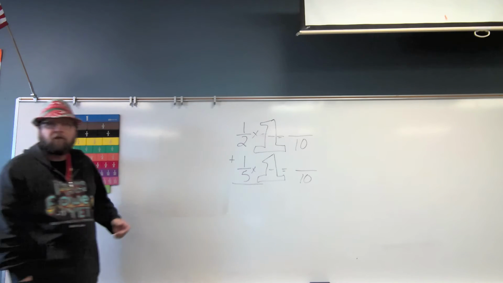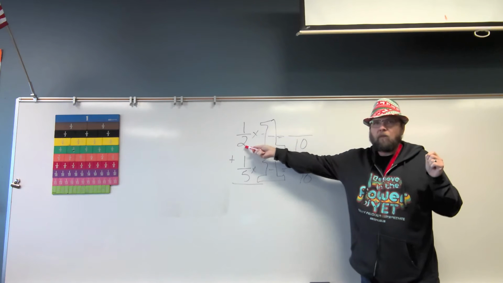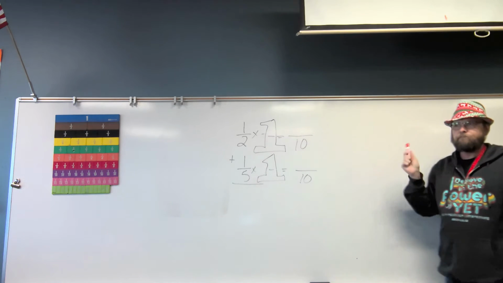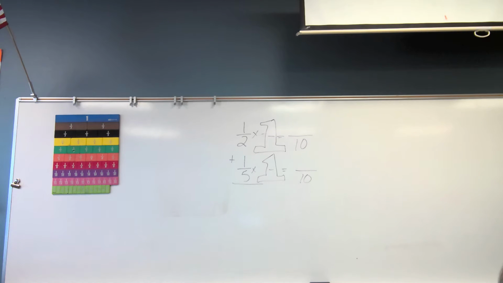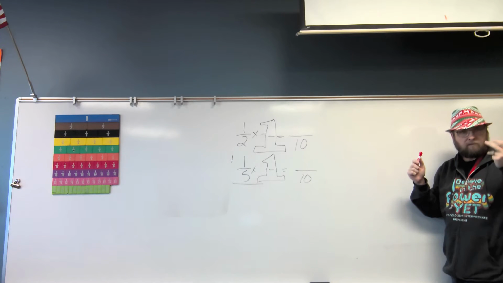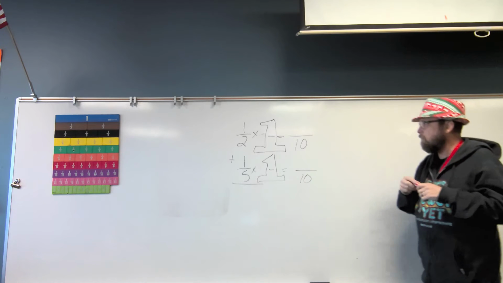All right, then we have to ask ourselves, Polari, what do I multiply by 2 to get 10? 2 times what equals 10? Count by 2s if you need to. 5.